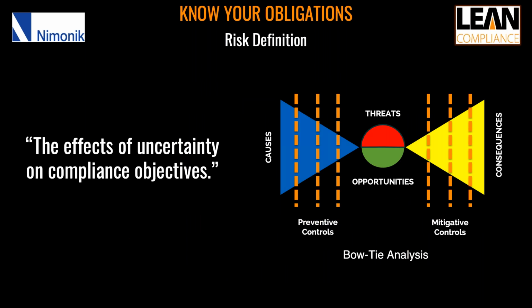So, this is the definition that this standard uses. ISO 19600 and the 31000 standard have also used this definition. This is pretty much the de facto standard across the world now when it comes to risk. It's the effects of uncertainty on compliance objectives. That's why it's so important to know what your objectives are for your obligations.